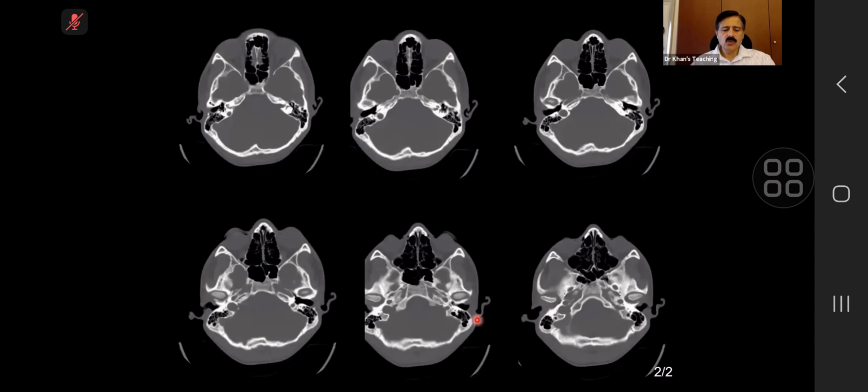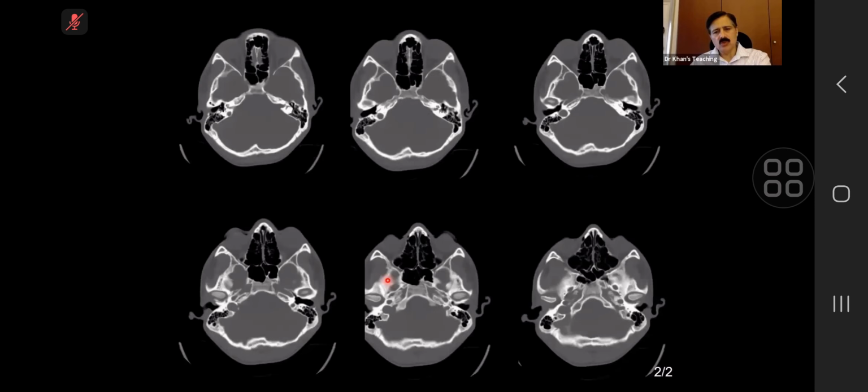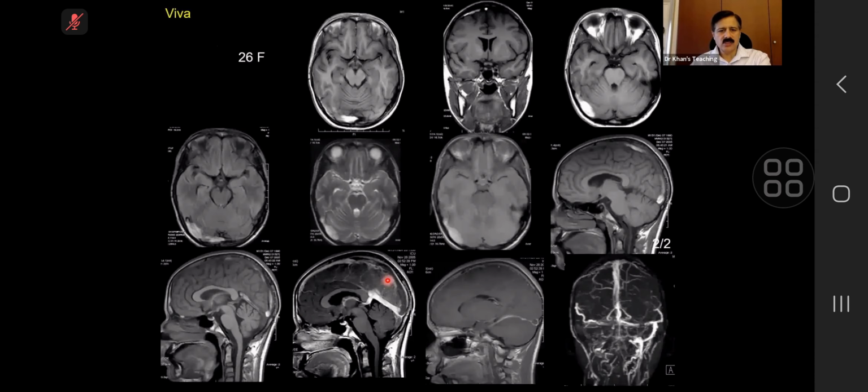So the key thing is to remember that whenever you have got this, go back to your CT scan, which will be very useful to make the discriminator. And this is a normal variant. Please also remember that you have to look at the usual sequences.